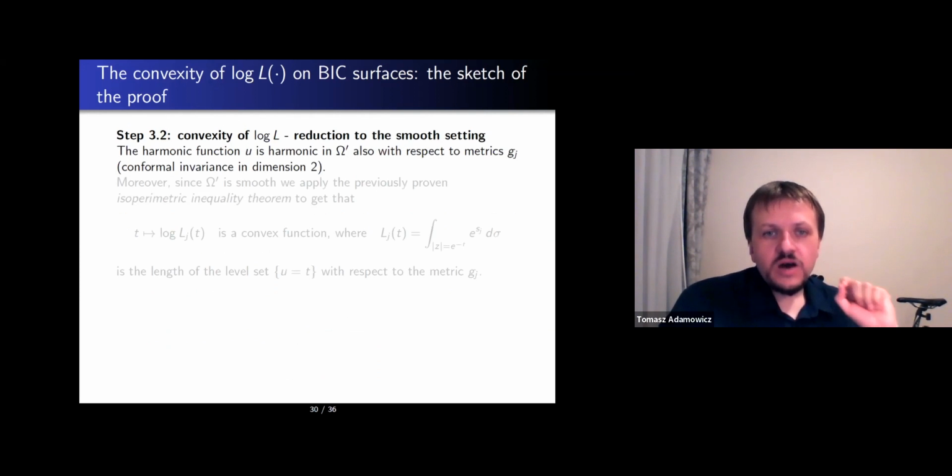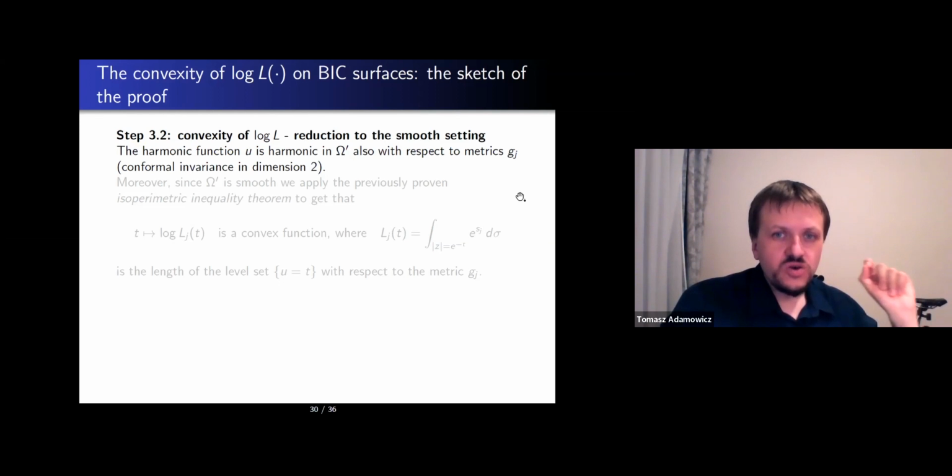So we may now reduce the discussion to the previously proven isoperimetric inequality, because again, by applying the conformal invariance in dimension 2, our harmonic function u is harmonic in Ω' also with respect to all those Riemannian metrics g_j. And recall that the g_j all have non-positive Gaussian curvatures.